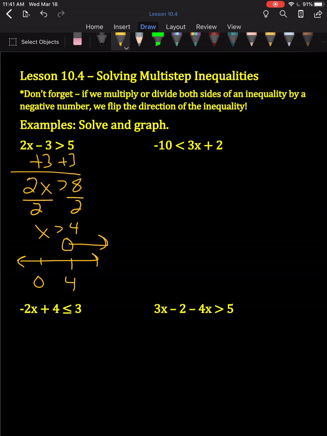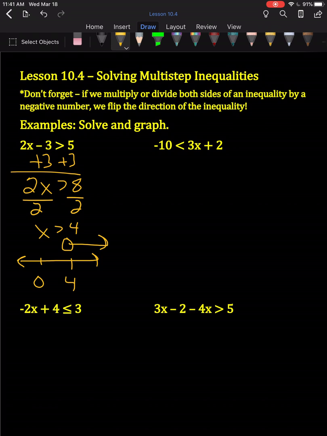Okay. The next problem is fine, except it's totally backwards. With inequalities, it is pretty important when it comes time to graph that x be on the left side. I'm going to solve this normally, and then we're going to rotate the entire solution.